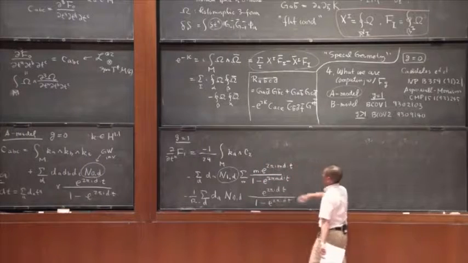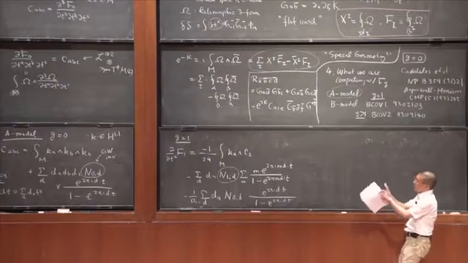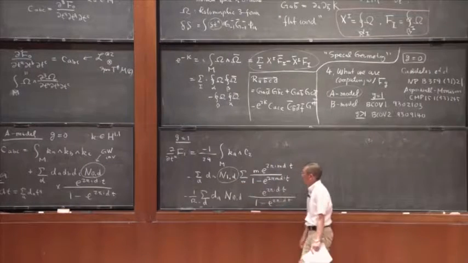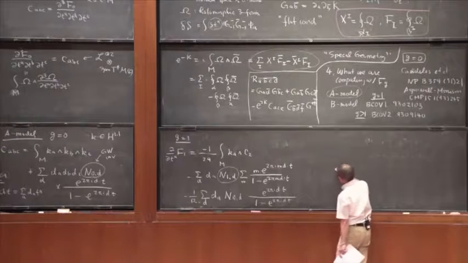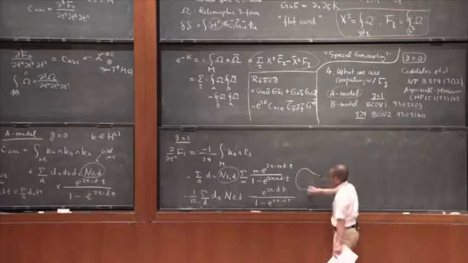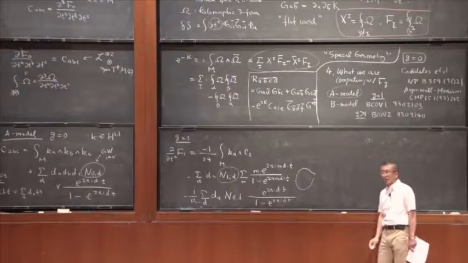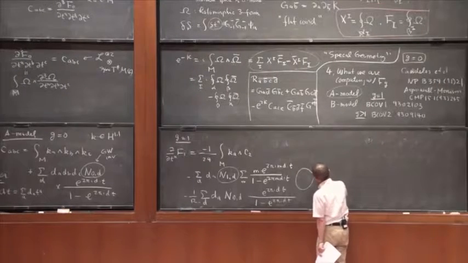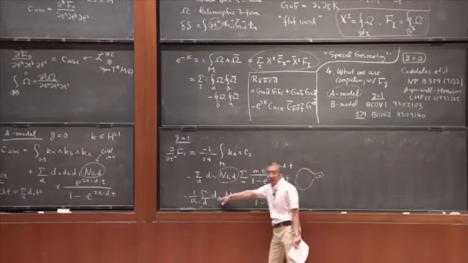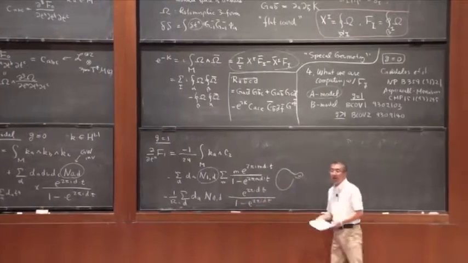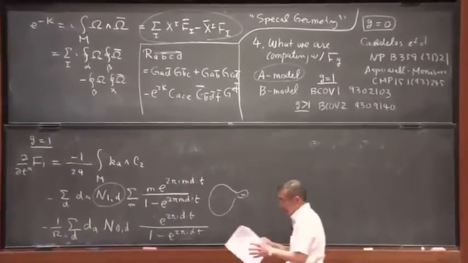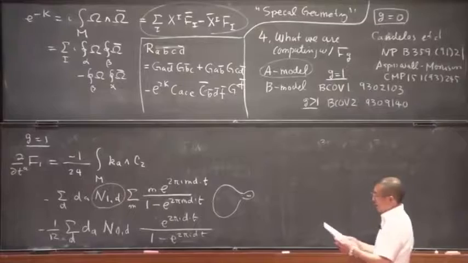This is a contribution from holomorphic maps from a genus 1 surface to the target space, which is why I have 1 and D here. But it turns out that there is some kind of degenerate holomorphic map where most of the worldsheet gets mapped to the spherical geometry in the target space, and then there is a small bubbling of a handle. This contribution turned out to have this kind of structure. So we had to take this into account in order to properly read off the genus 1 Gromov-Witten invariants.